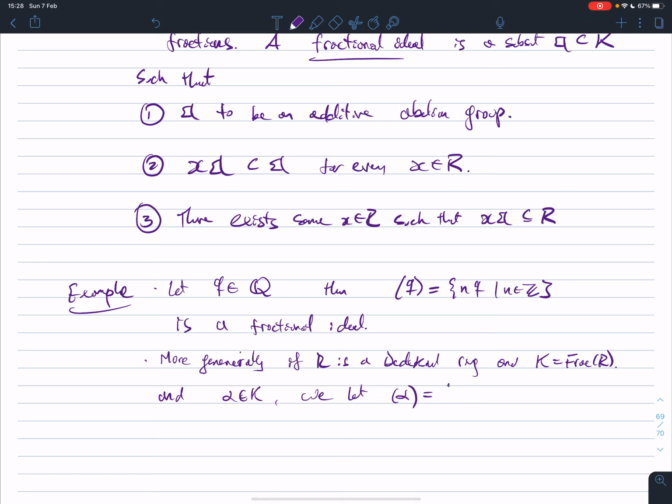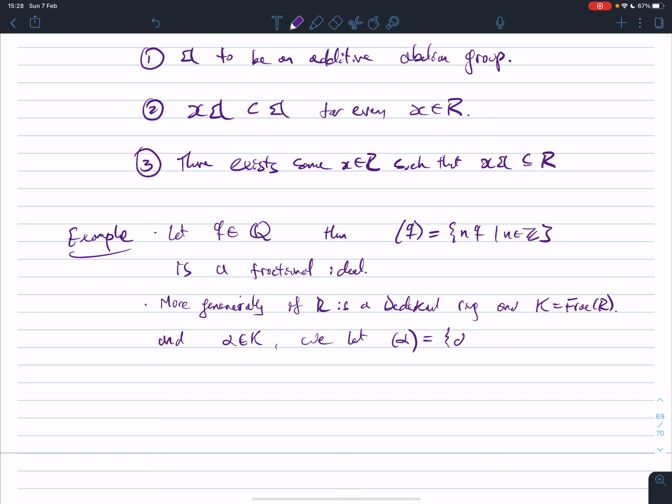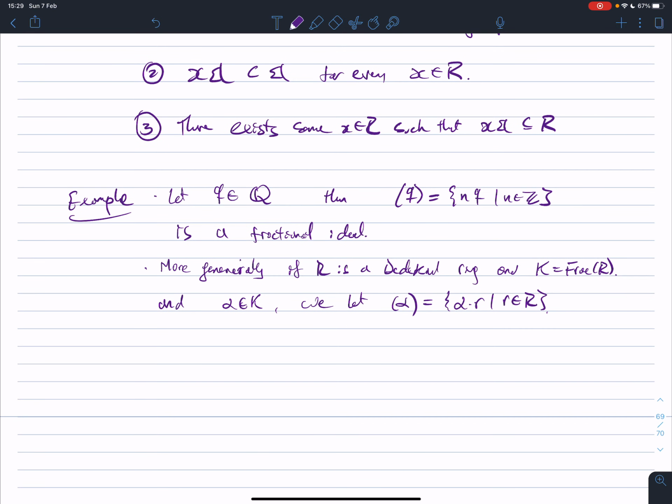So this is the set of all alpha times r such that r is in R. So this will be a fractional ideal.